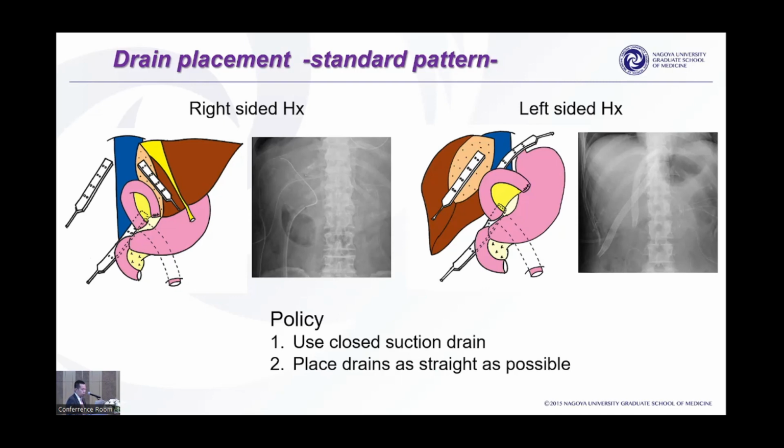The policy for drain placement is, first, using closed suction drains. And second, we pay attention to placing drains as straight as possible during surgery. If not placed straight, drains can be dislocated postoperatively.